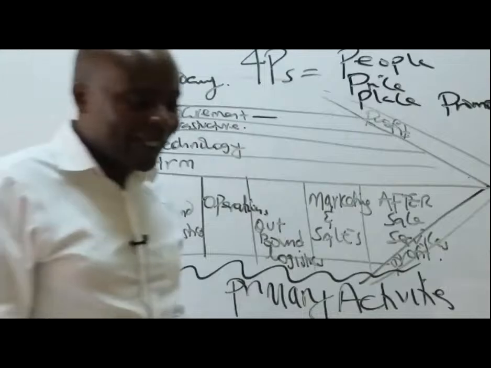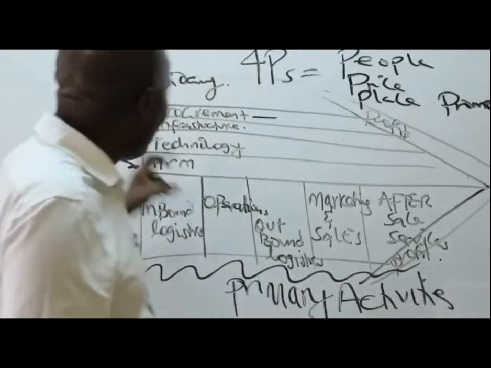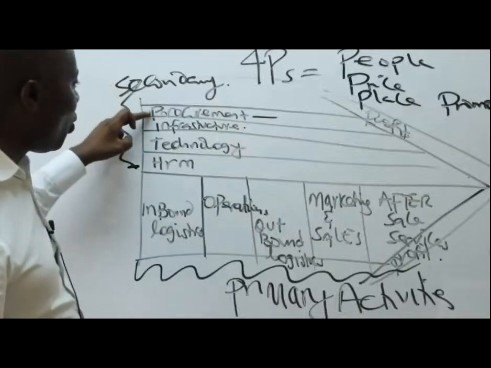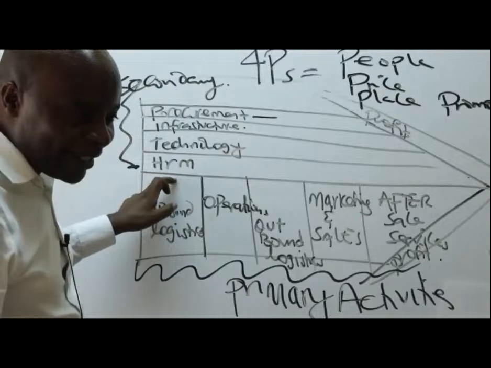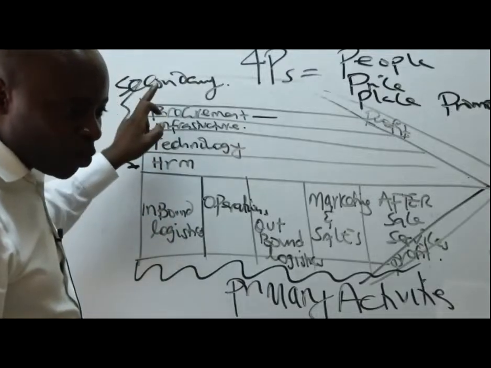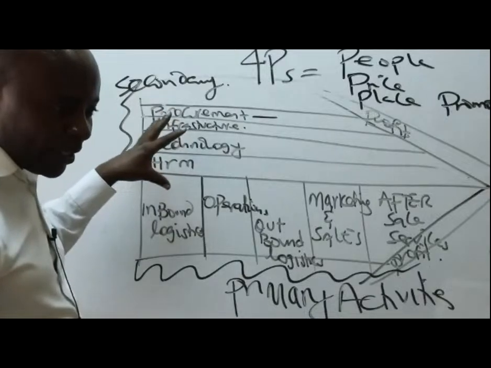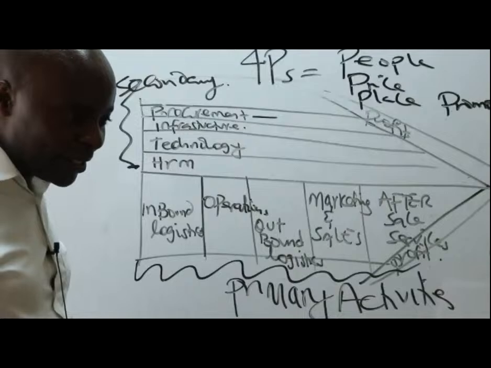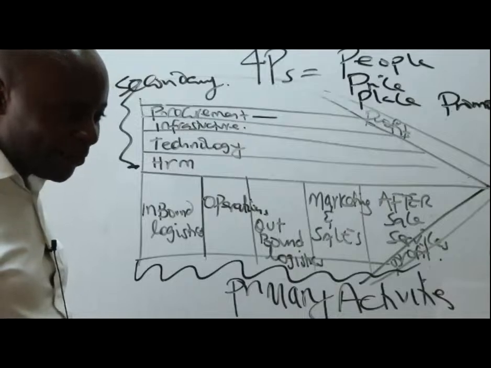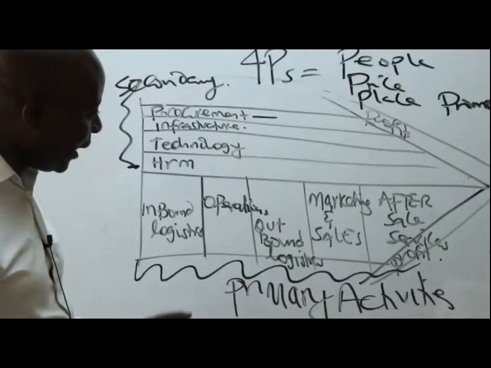Jabiri, yes, great. Now then the other model, explain the secondary. I've just explained the secondary. We have procurement, infrastructure, technology, human resource. Again, have you been with us? You need a procurement department. You need to have the right infrastructure. It's not a place where, when you cook, the smoke goes back to the customers, right? No, you need to have the right infrastructure. You're looking at the ambience.